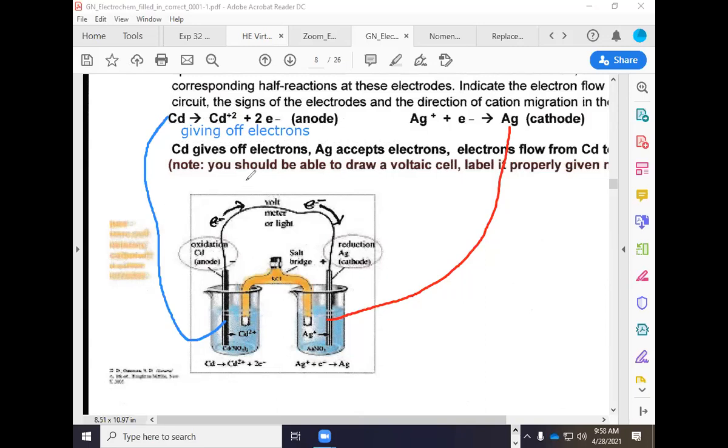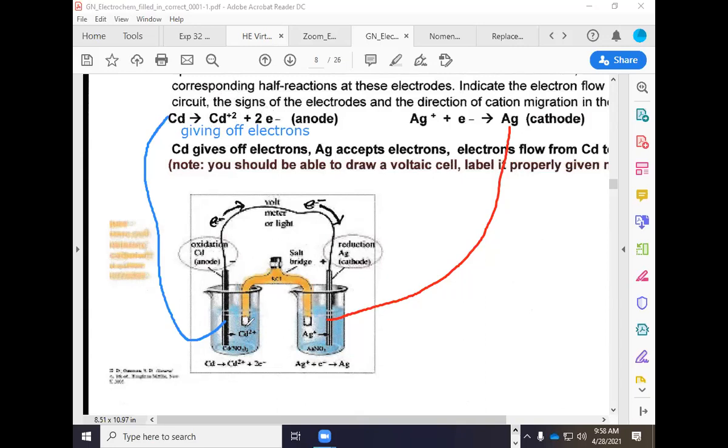Because what's happening, see, when the cadmium is giving off electrons, it's building up cadmium ion. And if we don't take care of that buildup, then it's going to be more difficult for the cadmium to continue to give up electrons.